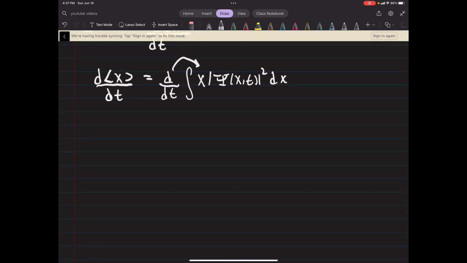And because it's a derivative with respect to time, our x value we can actually move over here. This would be the integral of x d by dt of psi squared dx.